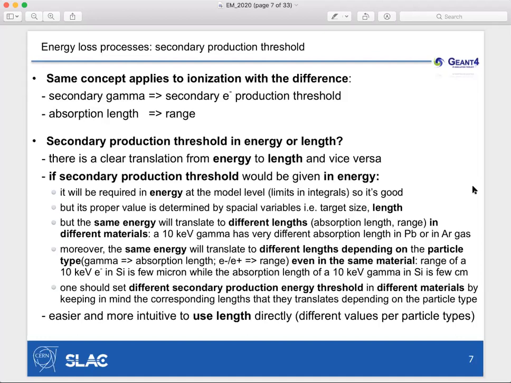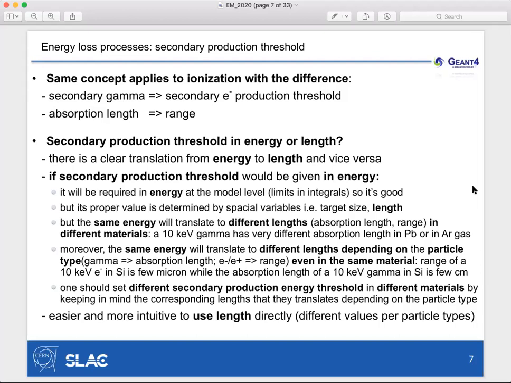It's very nice. However, it gives some difficulties because, as I mentioned, eventually when you would like to know what is the proper value in your case, you need to think about your detector size, your volume size, your resolution. So you need to think in length.